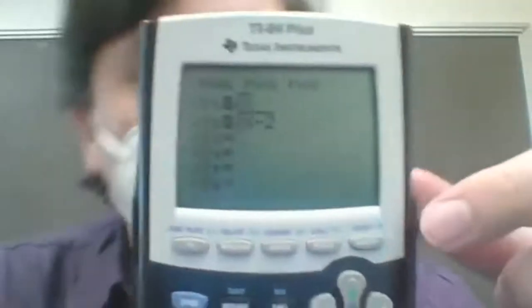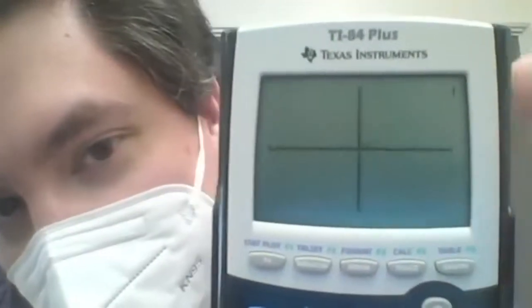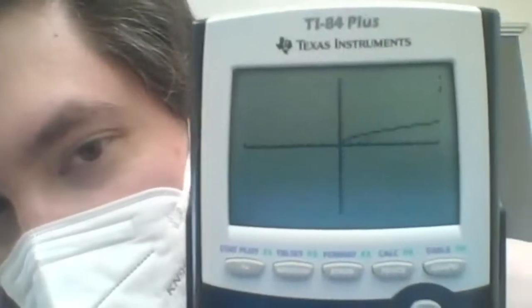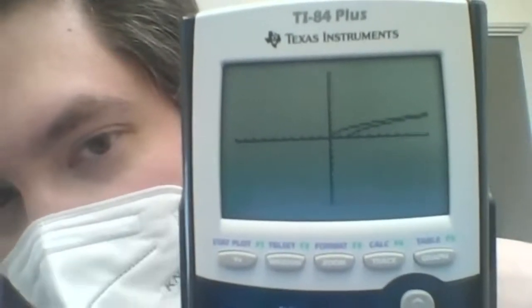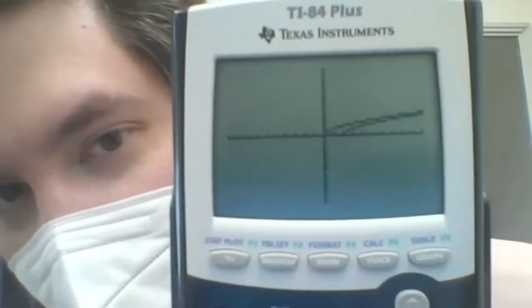And then alongside it, let's graph the square root of x minus 2. And we'll see what that one looks like. So if we go ahead and push graph on this thing, there's a square root curve. And then the second one it draws is to the right by 2 spots.